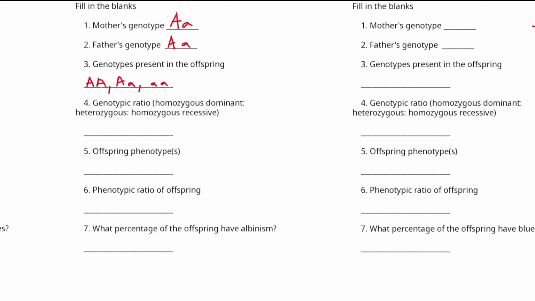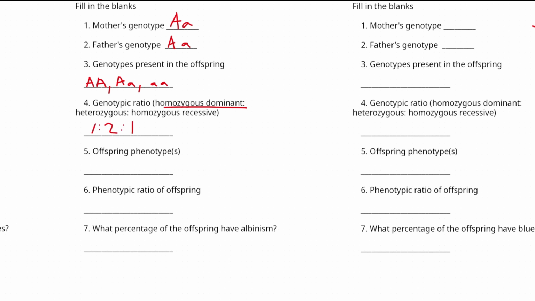So the homozygous dominant, that was the one at the upper left, and there was just one. There are two heterozygous and one homozygous recessive.